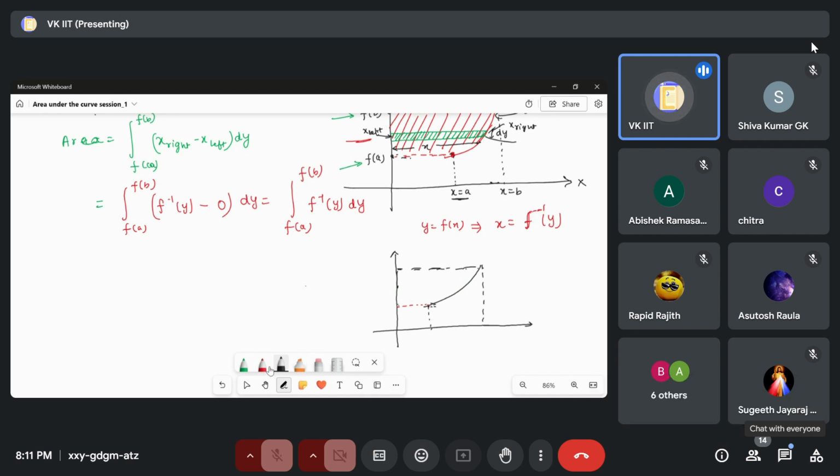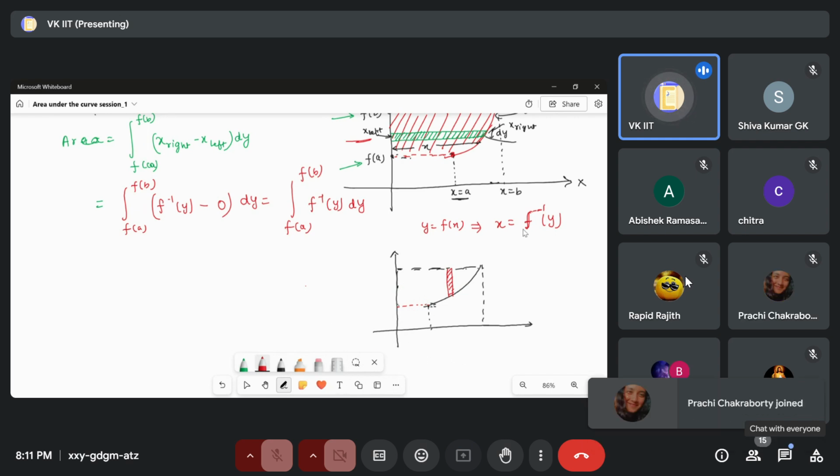So now let's suppose we have to consider a vertical strip in this case. This vertical strip has a limitation. It can go from x is equal to a to x is equal to b only, because it cannot go beyond the curve.